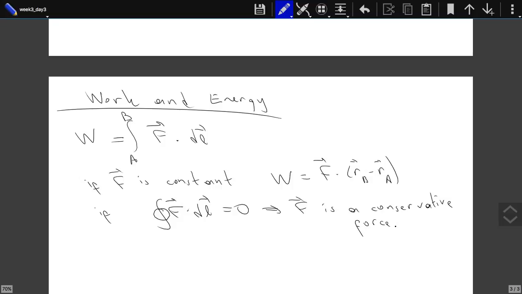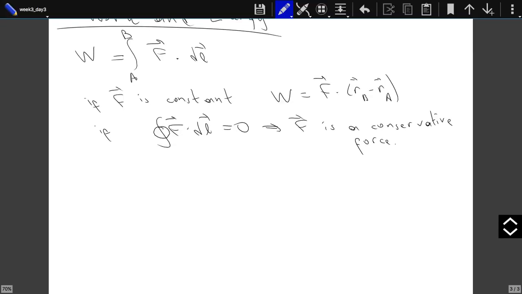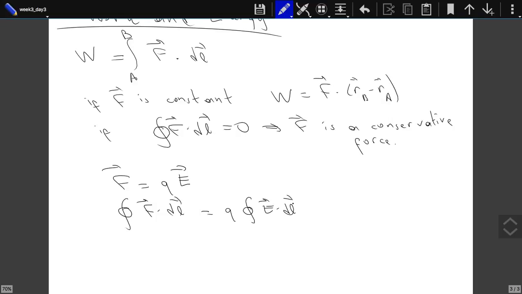This should look familiar already from last week's discussion. If we put one more line over here, that's the electric field. Considering the electric force, F is equal to Q times E. If you calculate F dot dl, the work done by the electric field, this will be equal to Q E dot dl.